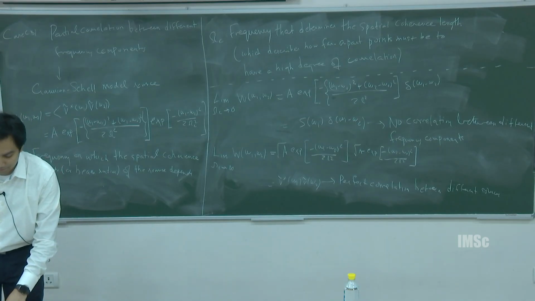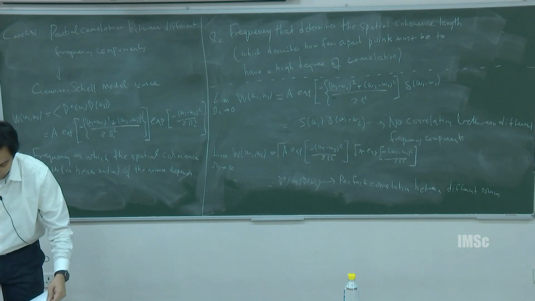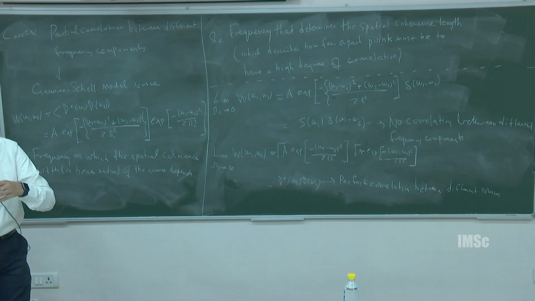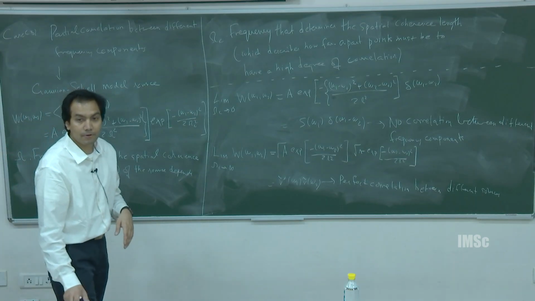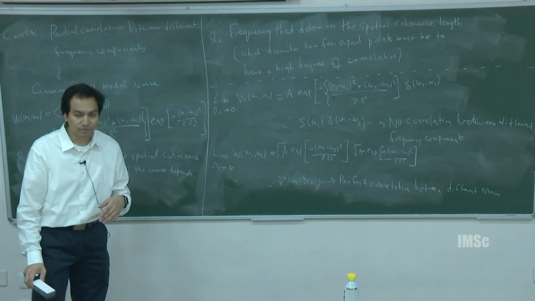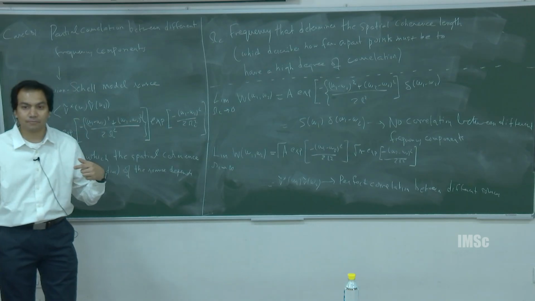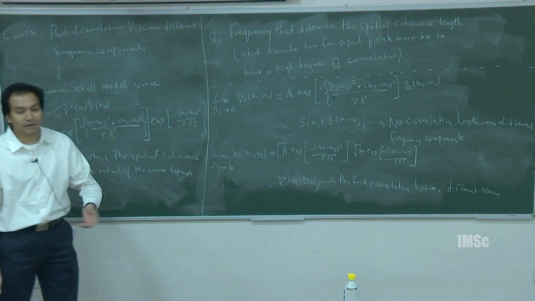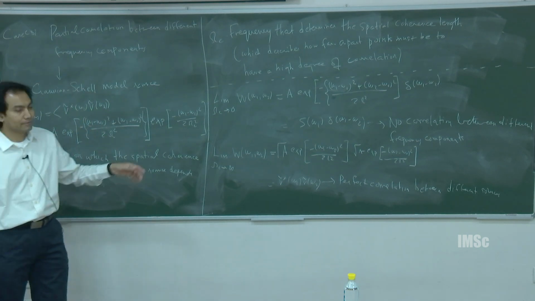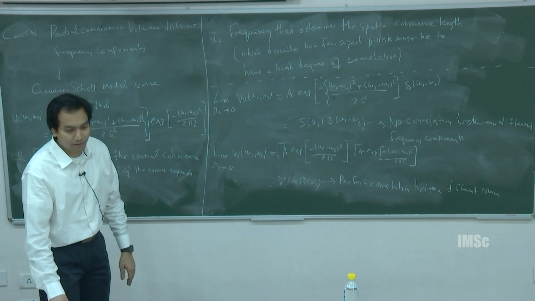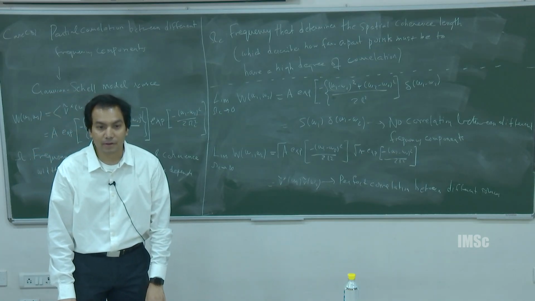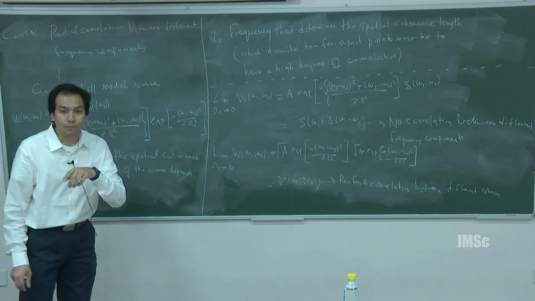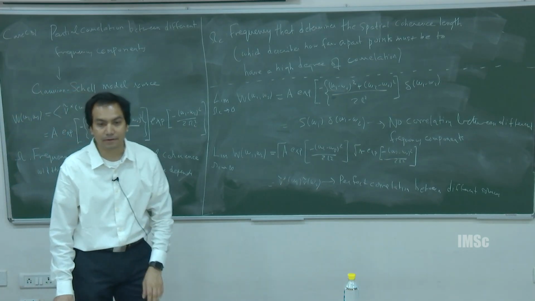With that we will wrap up our discussion on temporal coherence. We'll briefly discuss spatial coherence, and then we will branch off to quantum optics, discuss correlations in quantum optics, bunching and anti-bunching effects. So any questions from the people attending online?